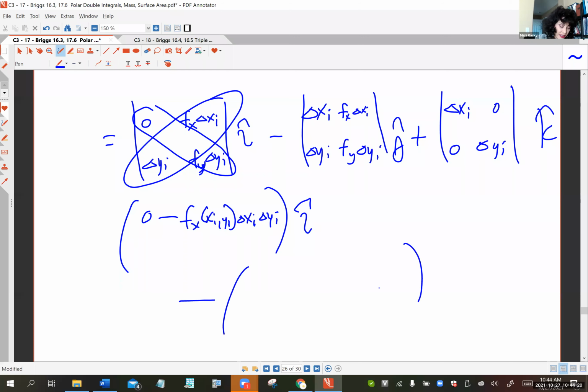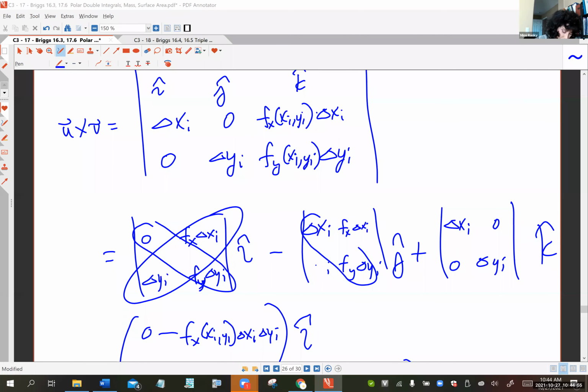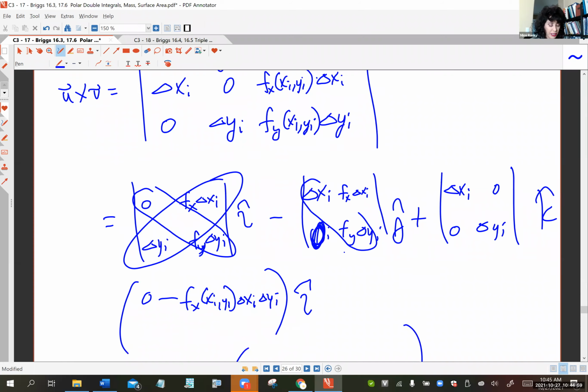Minus, let's look at this next thing here. Hold on a minute. Middle determinant, this has to be a 0 right there. Copied it down wrong.